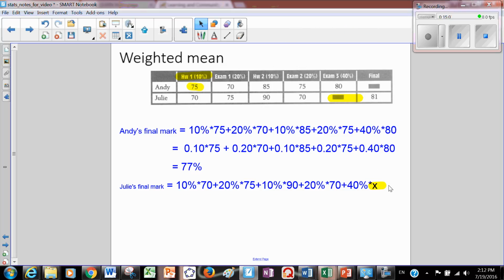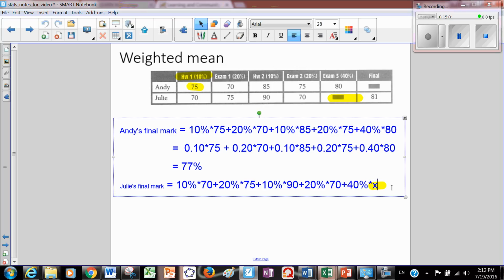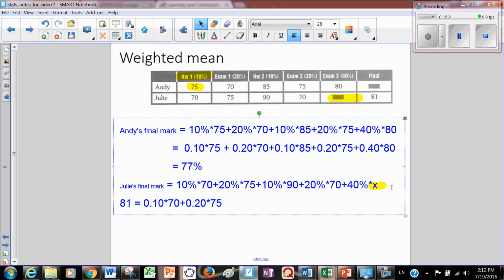We know our final mark is 81, sorry. So 81 has to be equal to this, 0.10 times 70 plus 0.20 times 75 plus 0.10 times 90 plus 0.2 times 70 plus 0.4x. So we're going to be looking for x.